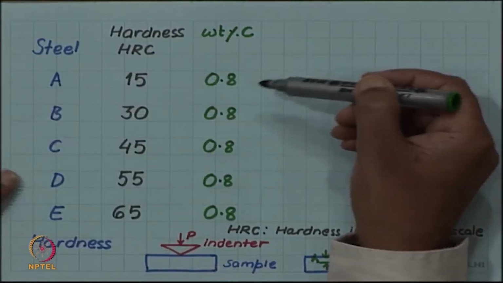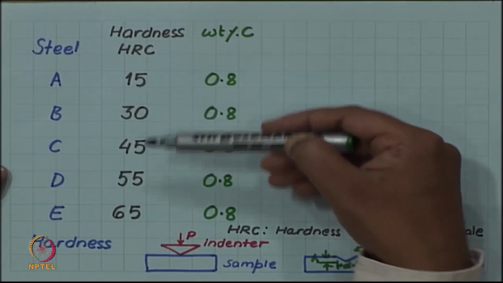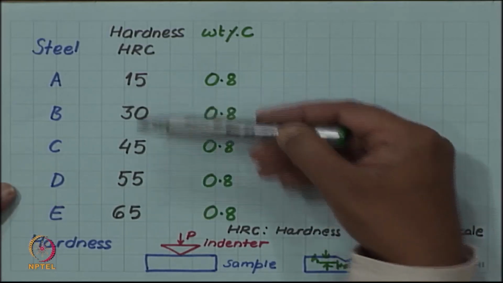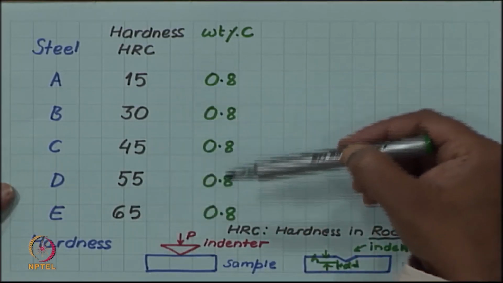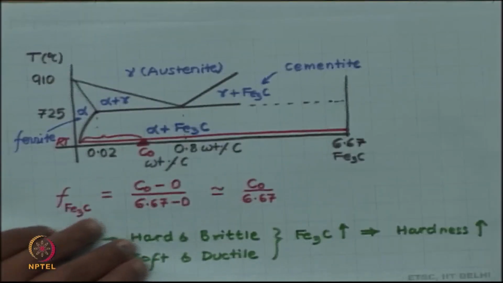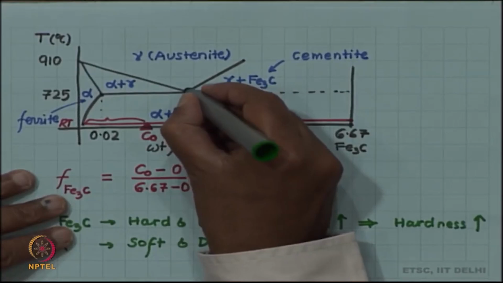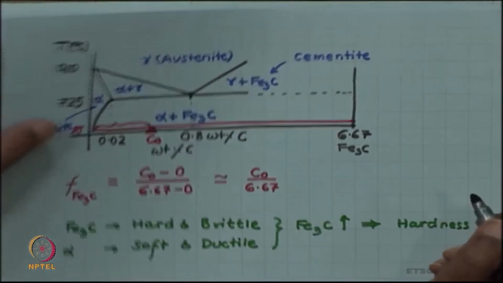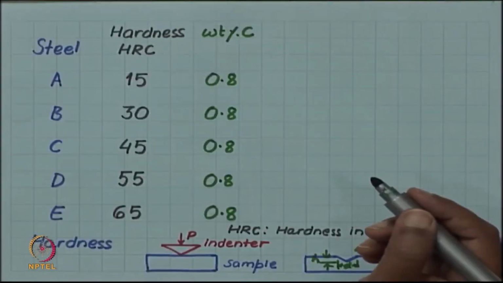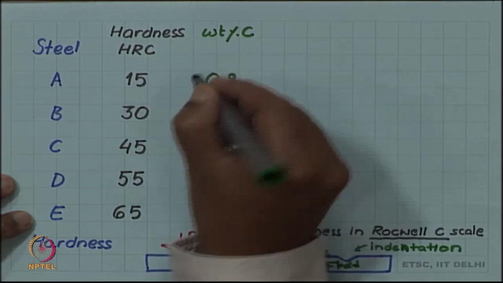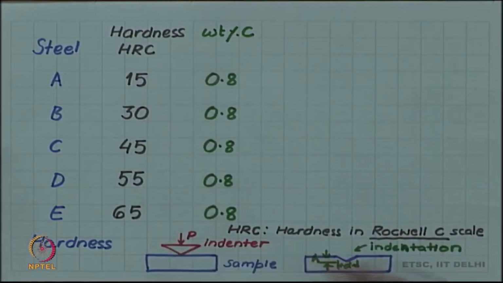However, now we find that although hardness is increasing by a factor of 4 going from A to E, the carbon concentration is the same in all of them, and all of them have been chosen to have a carbon concentration of 0.8, that is, all of them are eutectoid steel. Remember, 0.8% carbon we call a eutectoid steel. So, all of them are eutectoid steel.